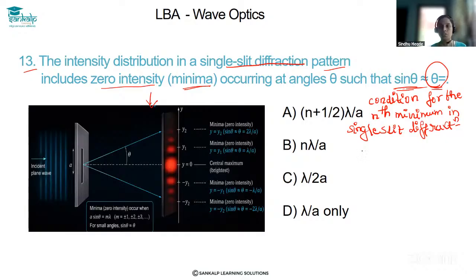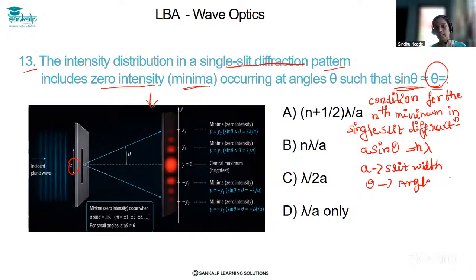The expression for the condition for the nth minimum in a single slit is the formula A sin theta is equal to n lambda. This is the standard expression for nth minimum in a single slit diffraction. Here A is the slit width, and theta is the angle of diffraction.